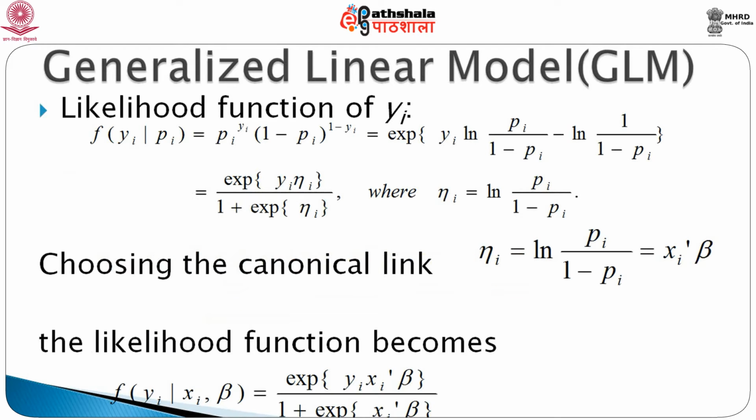Now, in the generalized linear model, the likelihood function of yi can be written this way. For the binary model, we can write f(yi given pi), which is pi to the power yi times (1 minus pi) to the power (1 minus yi).